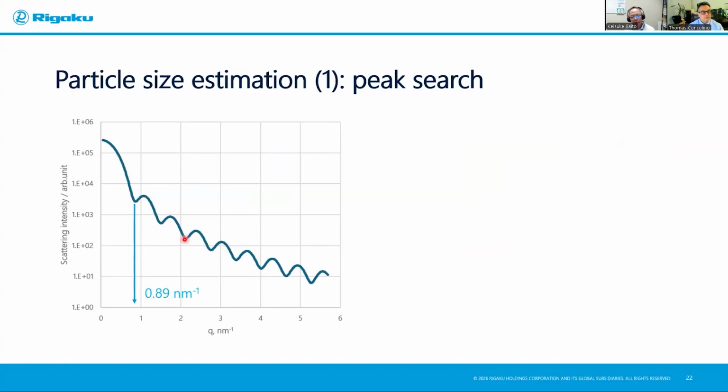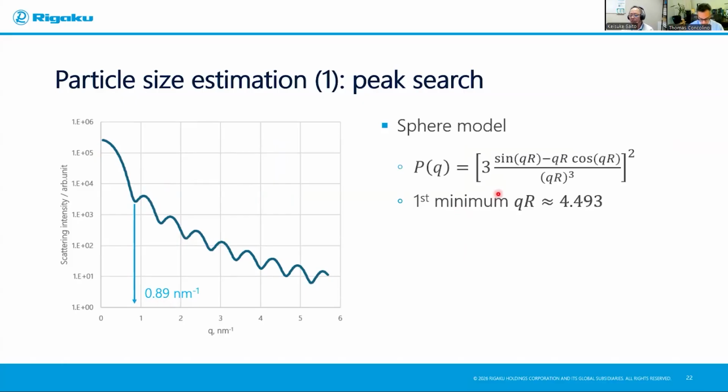To determine the particle size, we try to find the first bottom of the oscillation here. On the Q scale, in this example, we found this bottom was about 0.9 nm⁻¹. If you remember, the form factor P(Q) for the sphere model, the equation was like this.